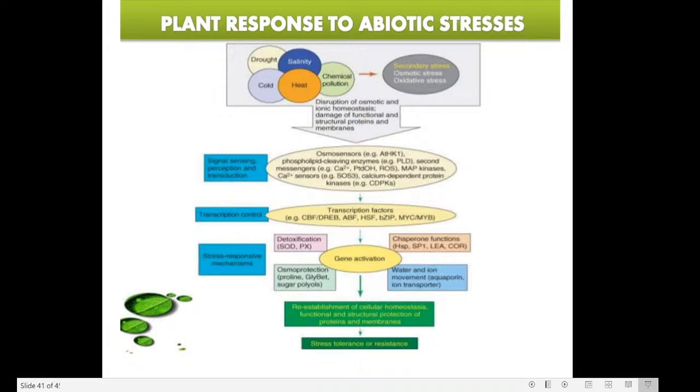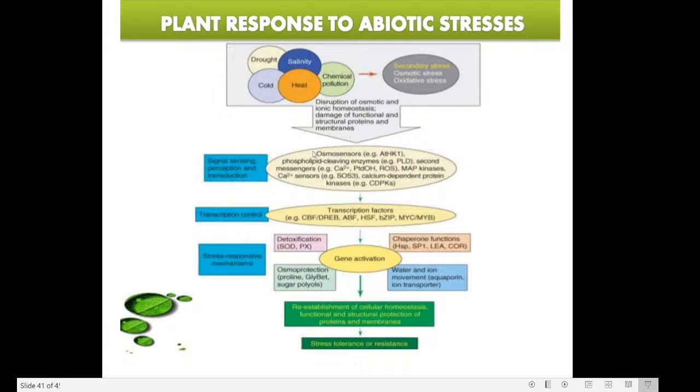This osmotic stress and oxidative stress are disturbing the plant. Osmotic stress means the intake of water is also affected. Then it damages the cells and changes the structure of proteins and membranes. Then another thing is oxidative stress.